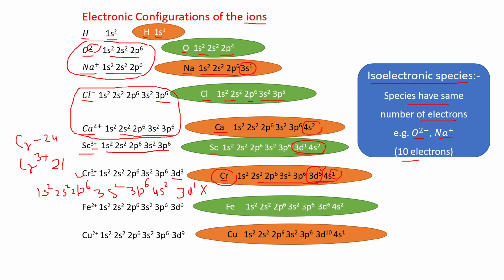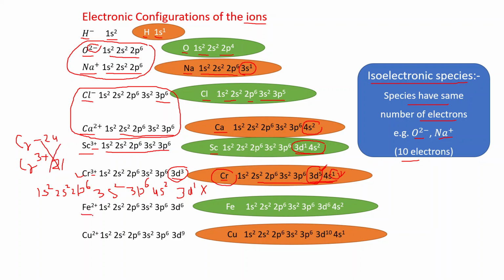But when you write the electronic configuration of an ion, first you remove the electron from the outermost shell, which is 4s here. Is it clear? That's why I remove 1 electron from 4s and 2 electrons from 3d. Then its electronic configuration becomes 3d3. Okay? Don't write like this.